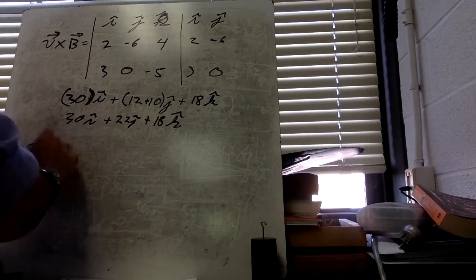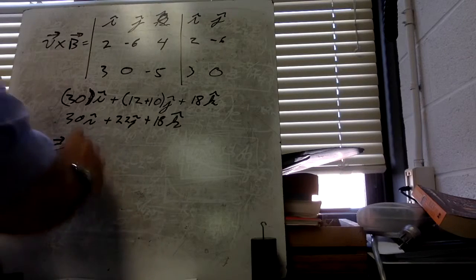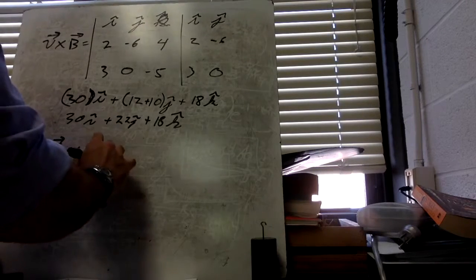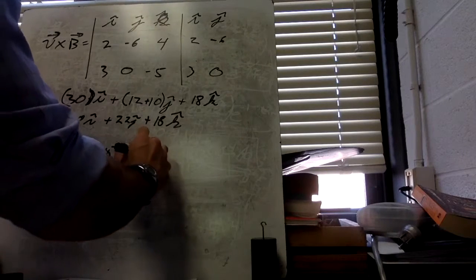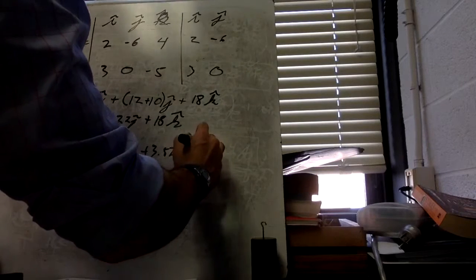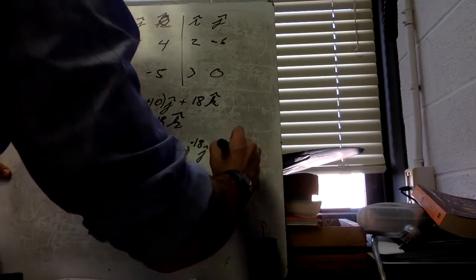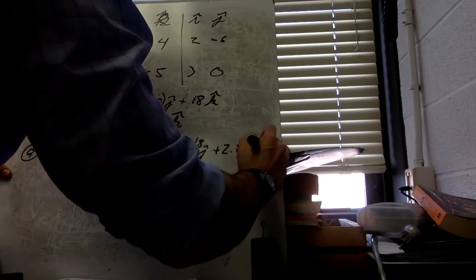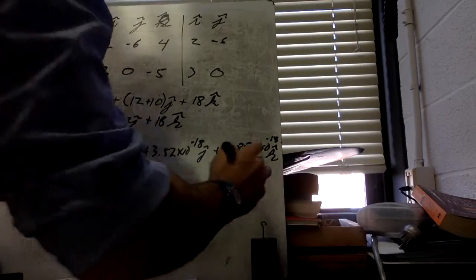And so what I think that ends up being is the force vector is 4.8 times 10 to the negative 18th i plus 3.52 times 10 to the negative 18th j plus 2.88 times 10 to the negative 18th k.